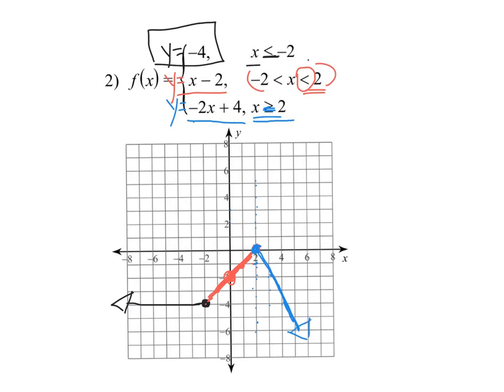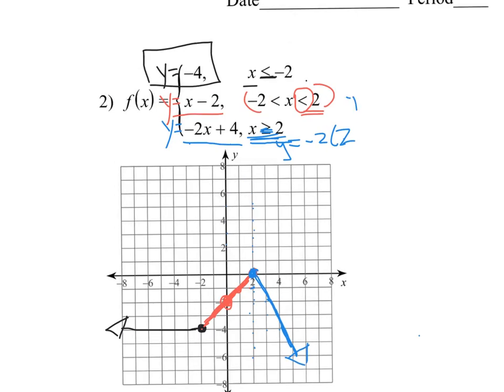Now another way that you can check this is you can plug values in. Sometimes people like to just plug this value in for x. So if you plug that in, -2 times +2, which is your constraint, plus the 4 equals 0.